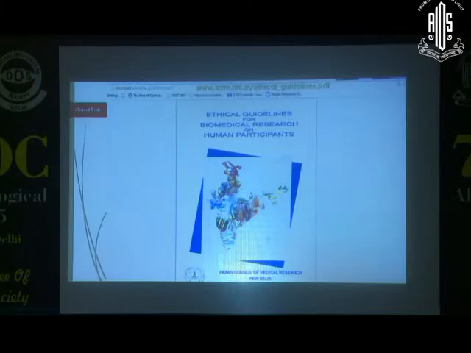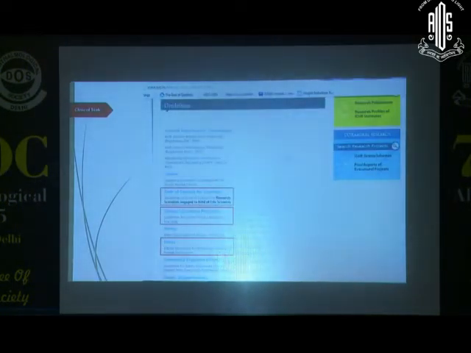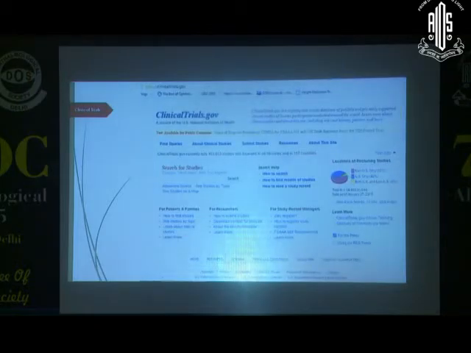A brief look at the various ethical guidelines. I've also given you the websites which one could refer to. The ethical guidelines for biomedical research on human participants are given on the ICMR website, along with the code of conduct for scientists and good clinical laboratory practice, in case your clinical trial is going to involve these study modalities.